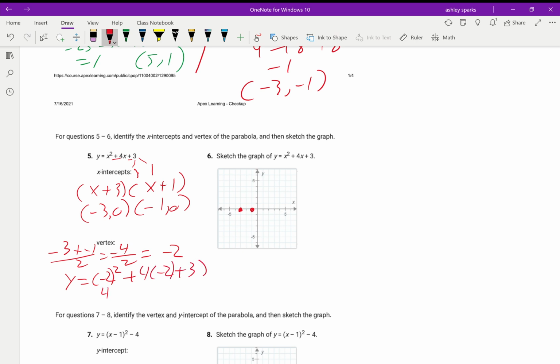So that gives me 4 minus 8 plus 3, which would give me negative 1. So I have the point negative 2 comma negative 1, which would be down here. And graphing it would look like that. We have a nice little U shape going on. If you're not ending up with a vertex between your original 2 points, you've probably messed up somewhere.